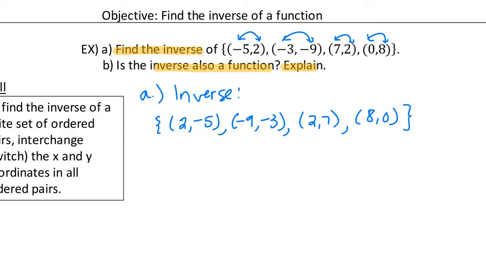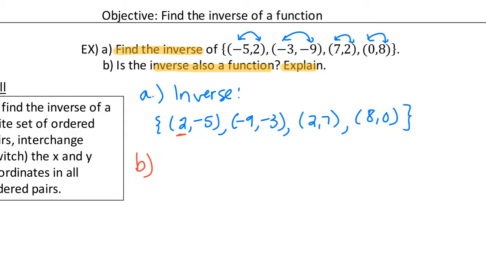Now for part B, it says to determine if the inverse is also a function and explain why or why not. So remember, in order for it to be a function, each x has to have its own y. If you have x's that are the same with multiple y's, then it's not a function. So the main thing is I'm looking at the x values, the domain.